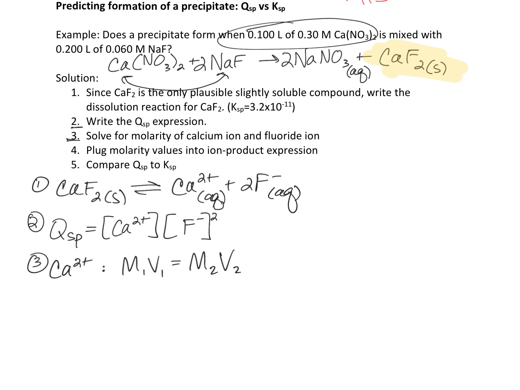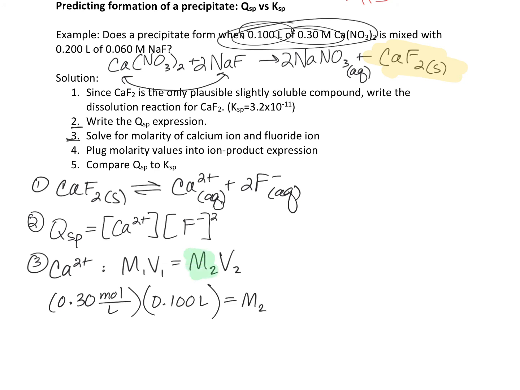M1 then would be this 0.30 moles per liter solution. V1 would be 0.100 liters. I don't know what M2 is. That is what I'm solving for. So right here, my M2 is unknown.